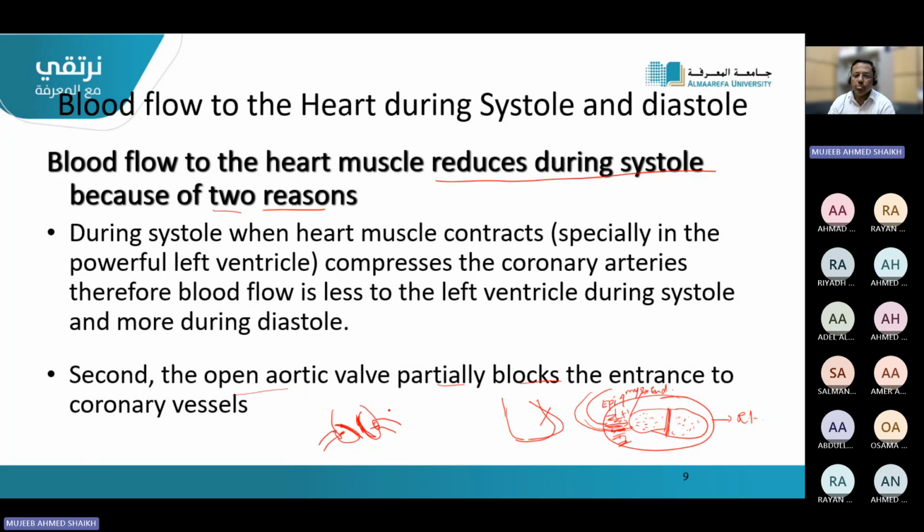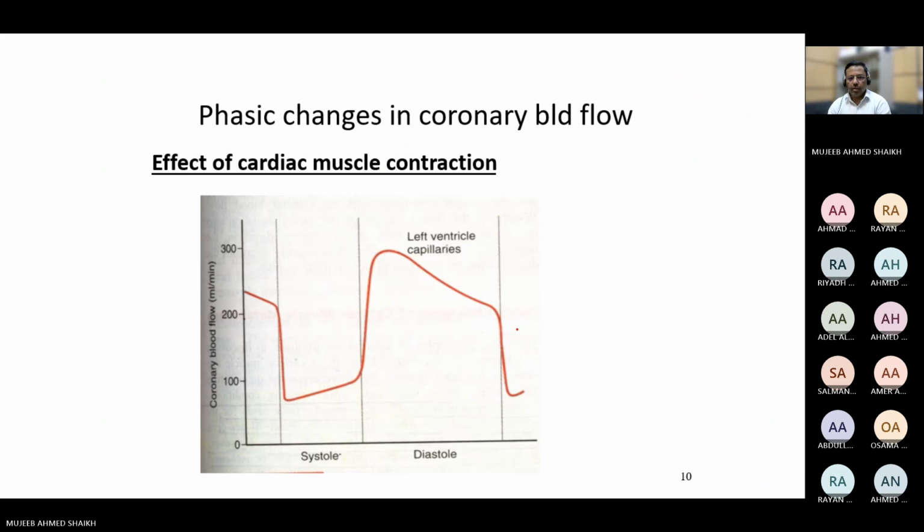These are the two reasons why the blood flow through the coronaries is not a smooth line, but is in phases, increasing and decreasing. If you draw it on paper as a graph, this is the coronary blood flow in ml per minute, and these are the two durations, systole and diastole.